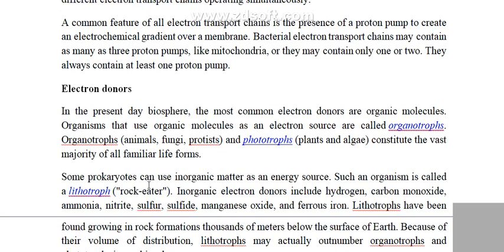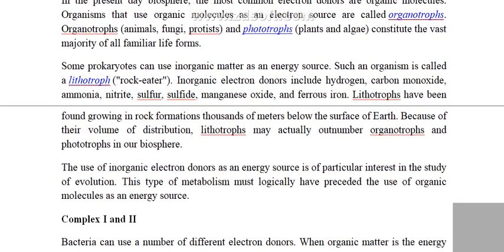But if prokaryotic cells use inorganic matter as an energy source, they are referred to as lithotrophs, and these inorganic electron donors include hydrogen, carbon monoxide, nitrite, ammonia, sulfur, sulfide, manganese oxide and ferrous ion.